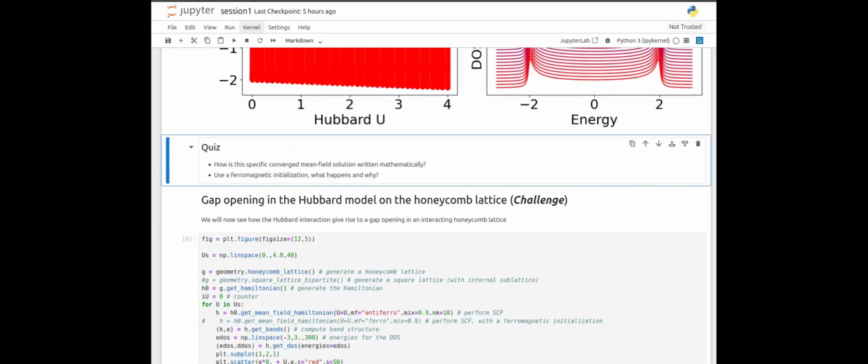Okay, good. So now let's move on to the gap opening in the Hubbard model, but now in the honeycomb lattice. Something that one could see in the linear chain is that it seemed as if the gap was opening right from the beginning. So once you start making U finite, then you get a gap. We will see that in the honeycomb lattice it is slightly different.